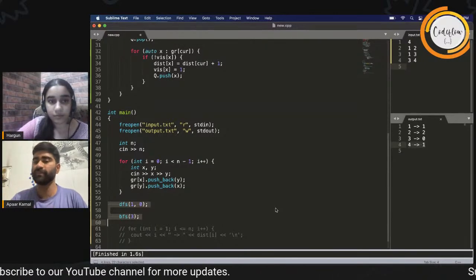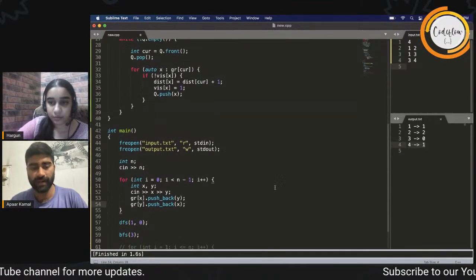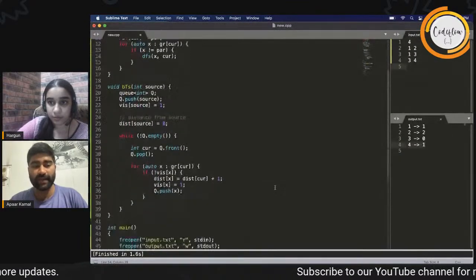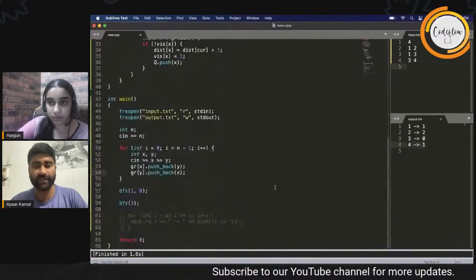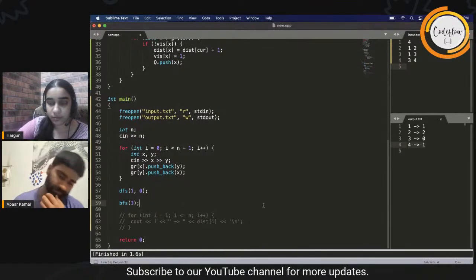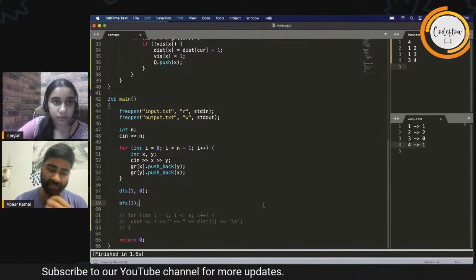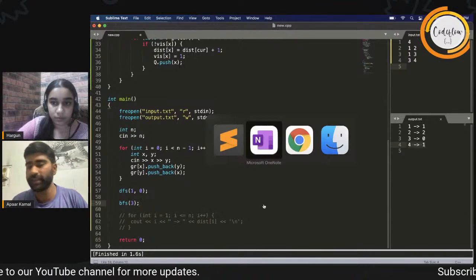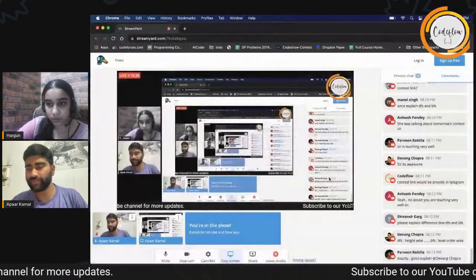Then we can move on to some really nice problems. So these are the basic traversals, DFS and BFS, and in the next section, I think I should go a little intermediate.